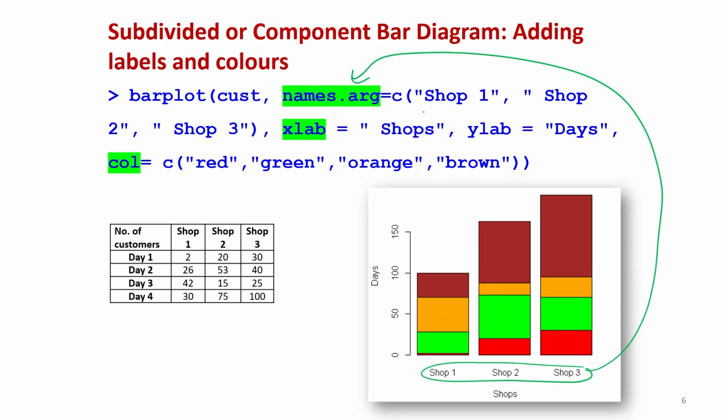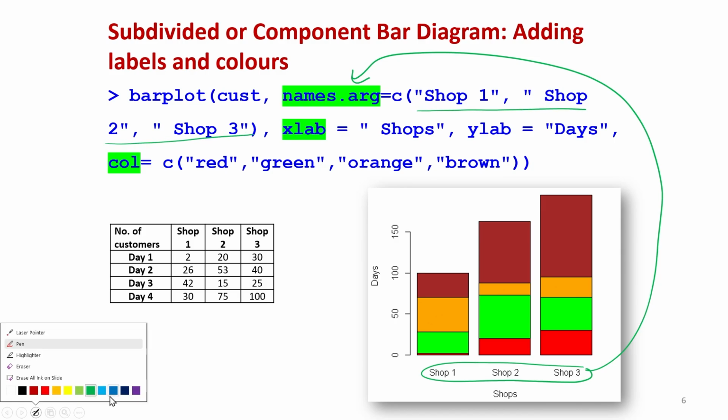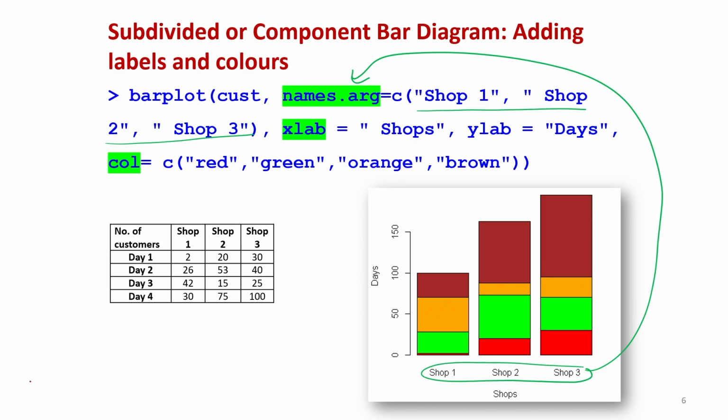I am writing the same style, using the command c, with shop 1, shop 2, shop 3 within double quotes, inside the parentheses. And then if I want to write on the x-axis, here shops, then I have the same command, xlab, and inside the double quotes I am writing shops.